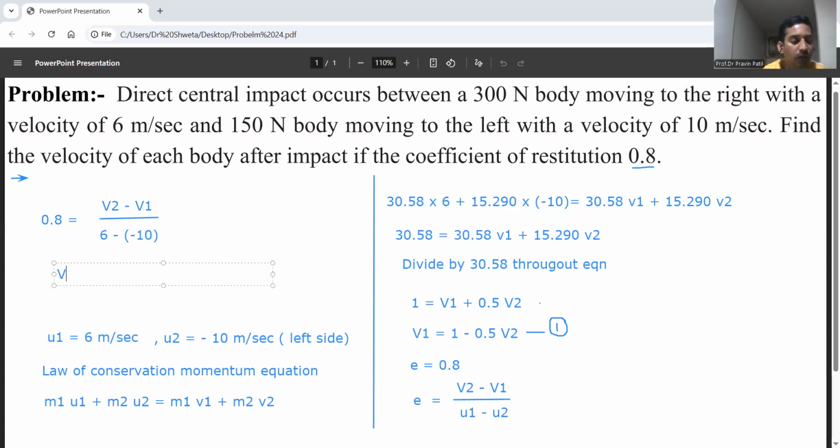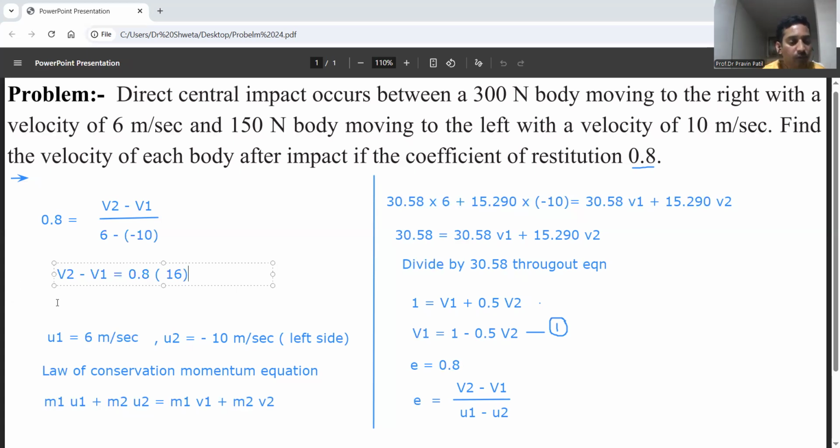So V2 minus V1 is equal to 0.8 in bracket, 6 minus minus 10 will be plus, that is 6 plus 10, which is 16.